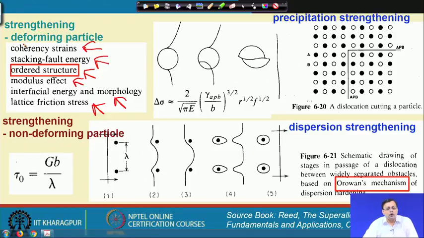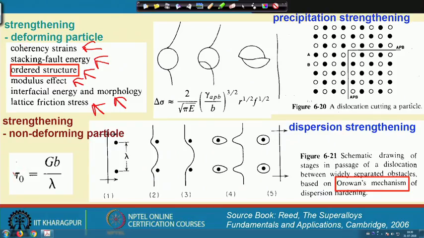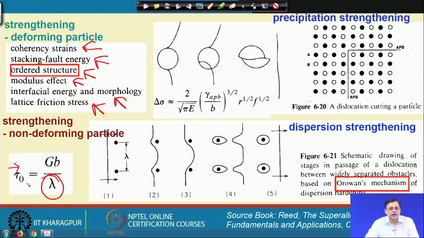However, in case of oxide, nitride or other borides, if these are ceramic particles which are considered non-deforming particles, there we know about the Orowan mechanism by bypassing. Okay. And we have a very typical equation that says the stress is linked with the spacing between the particles.